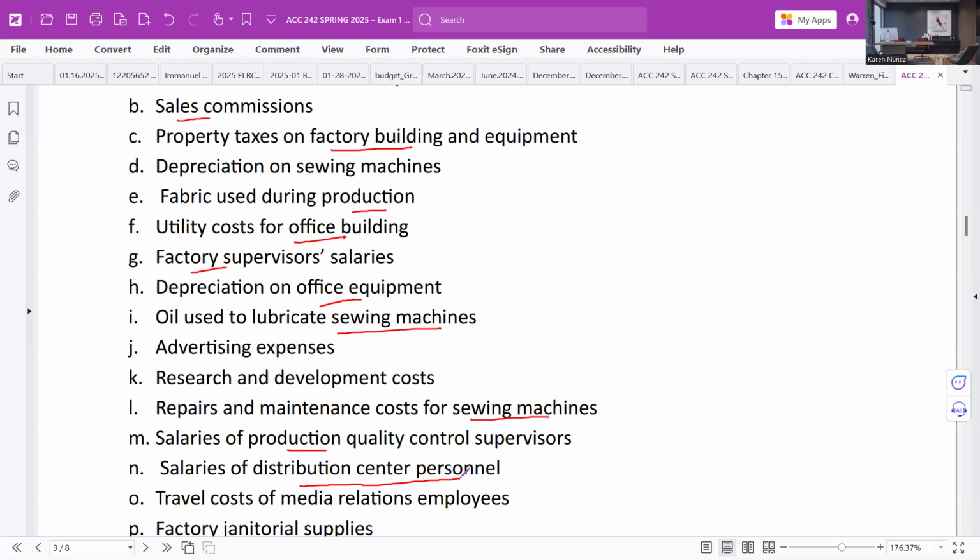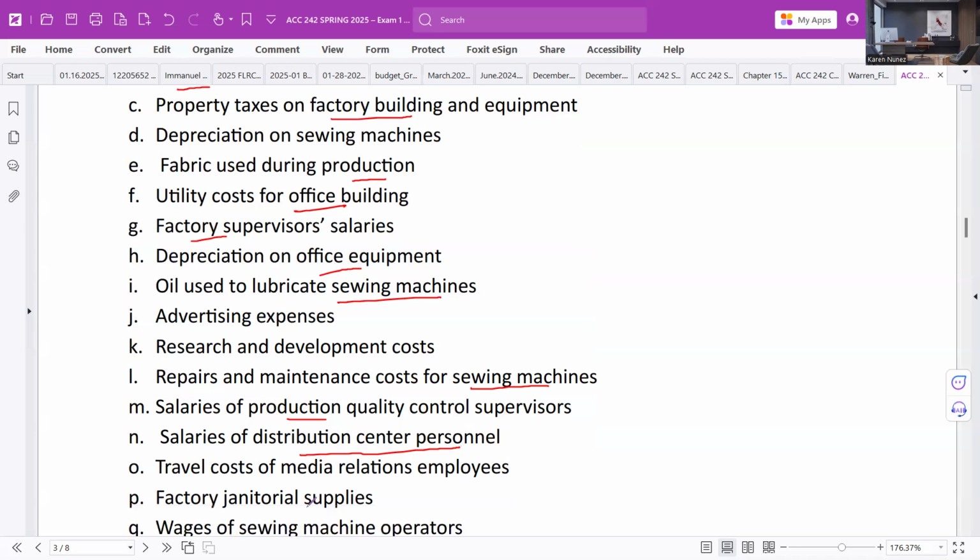Product costs are only incurred during production. Once the production is complete, you can't have any more product costs. So if you have product that you've completed and you've sent it to your distribution center, it's a period cost. All distribution costs are period costs. They're not related to production. Those costs are incurred after the production is completed.